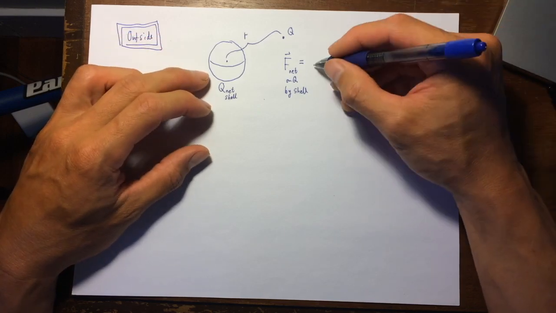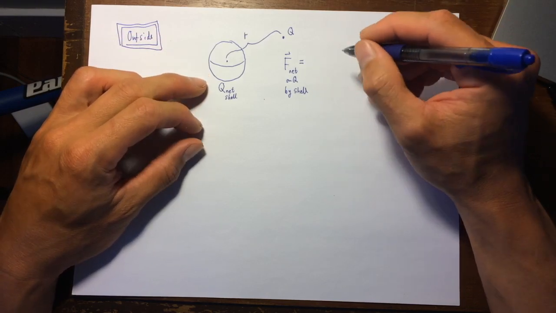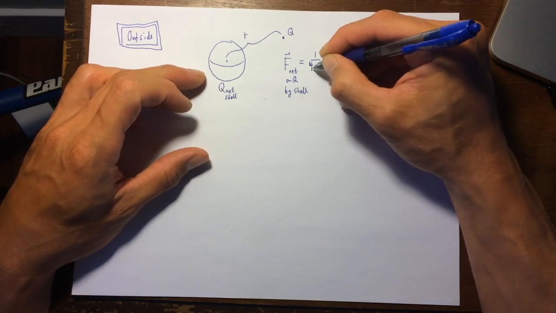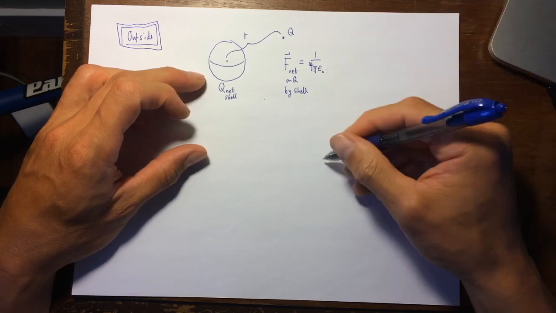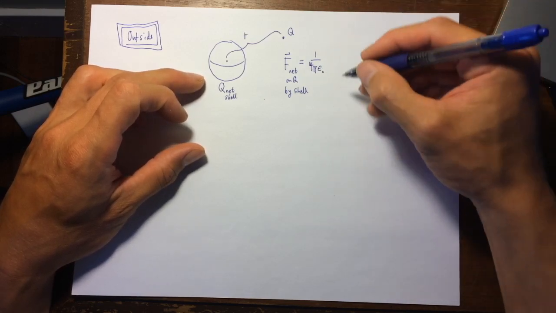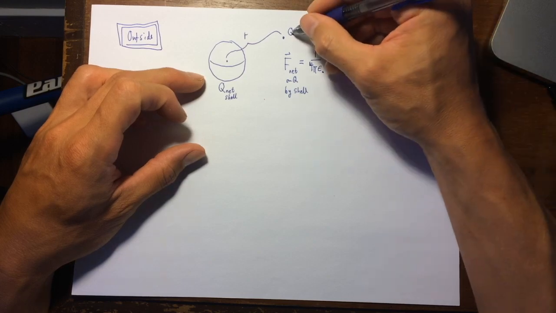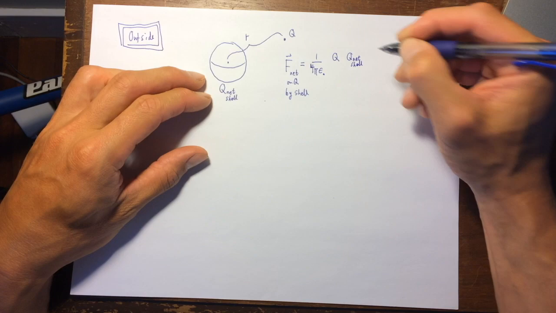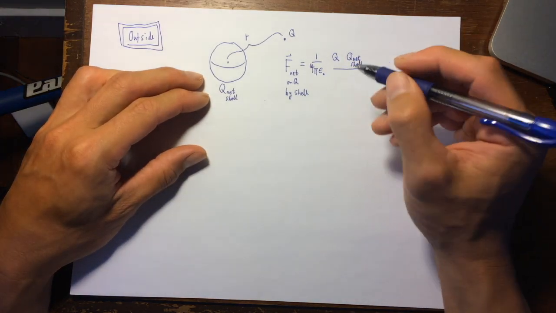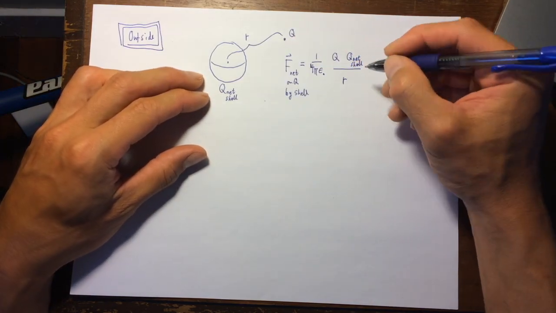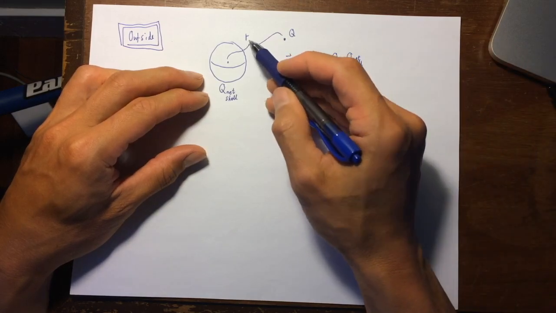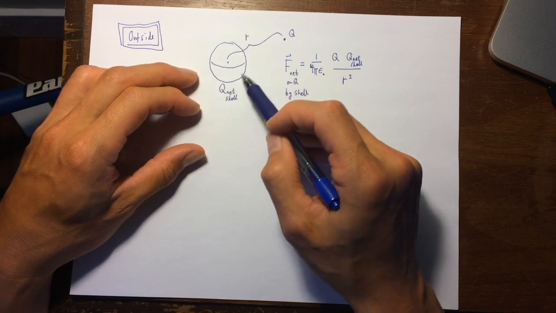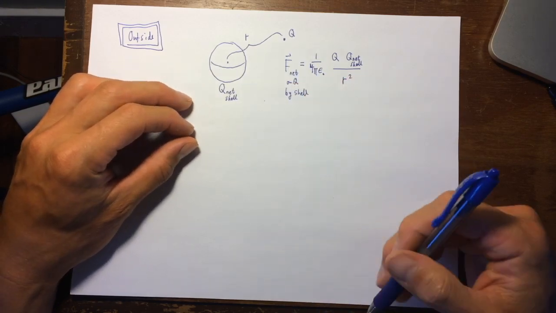So you got to do the integral and all the blah, blah, blah, but after you do all the calculus, it simply boils down to 1 over 4 pi epsilon naught, the charge Q, times the net charge of the shell, divided by the distance r squared, where r is simply the center-to-center distance between the spherical charge distribution and the point charge Q.